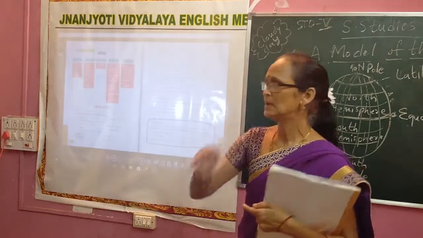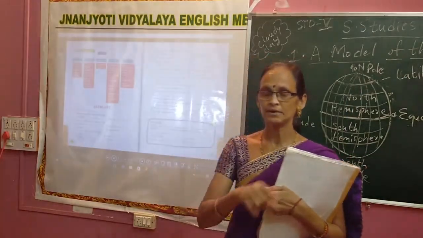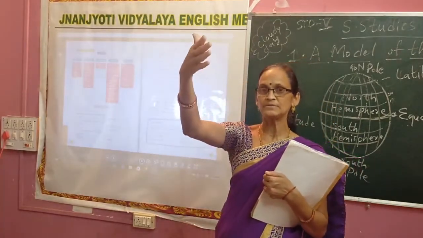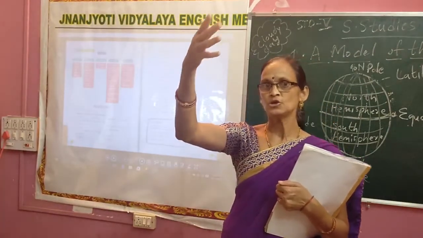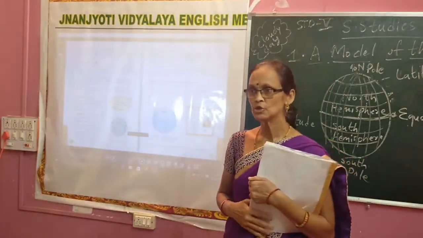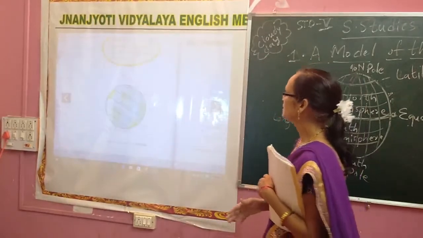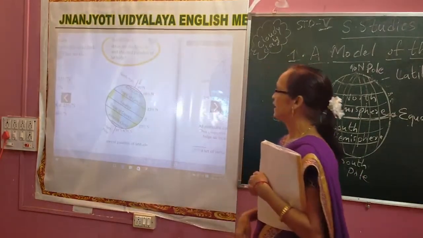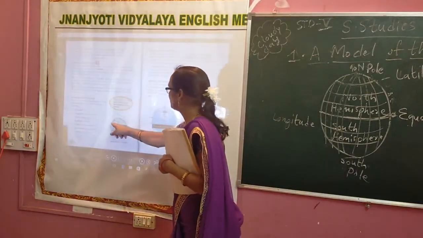The first imaginary line is the equator. Next, the southern hemisphere and northern hemisphere, so we got 2 hemispheres. Then we talked about longitudes and latitudes. All these we find in this lesson, and they are parallel here.